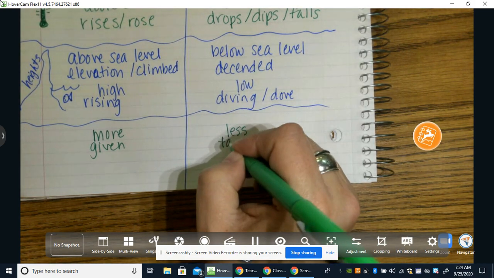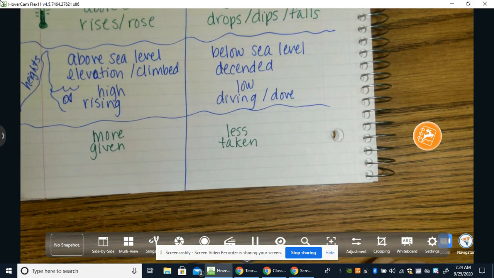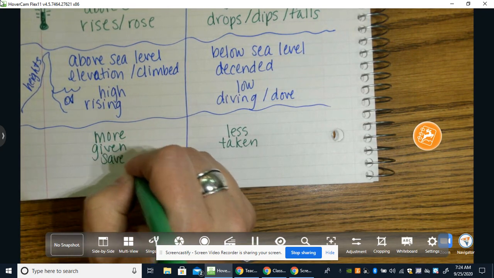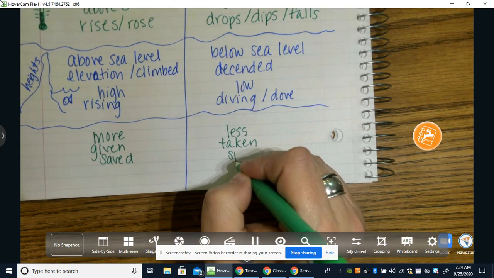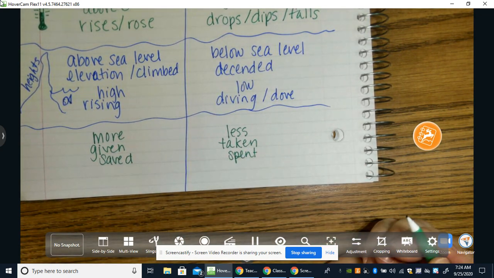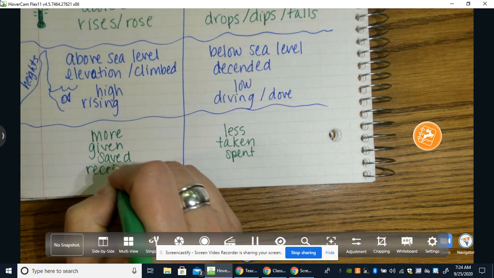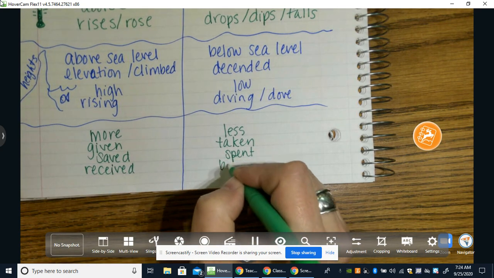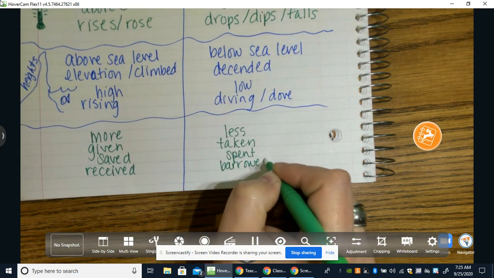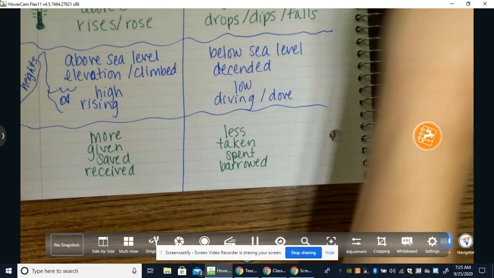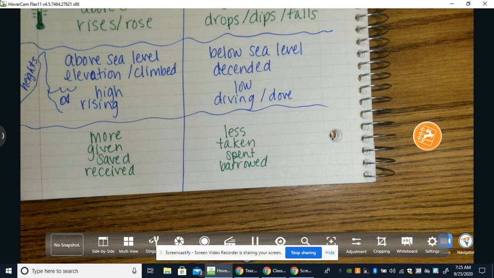If you lost money or something was taken, saved, spent is its negative counterpart, received, and borrowed. So these are some words that we use to represent positive and negative integers and to identify them. Now, these are not all of them, but these are several that you will see so that you understand.